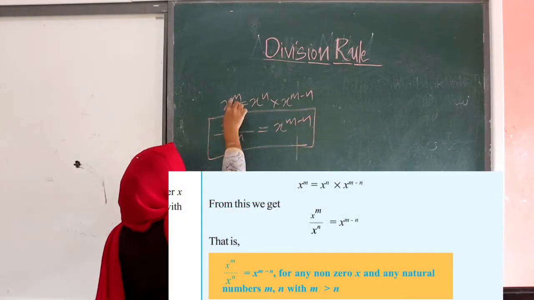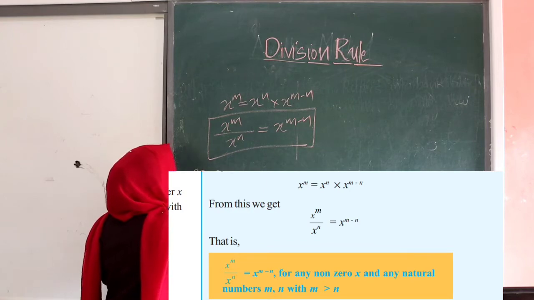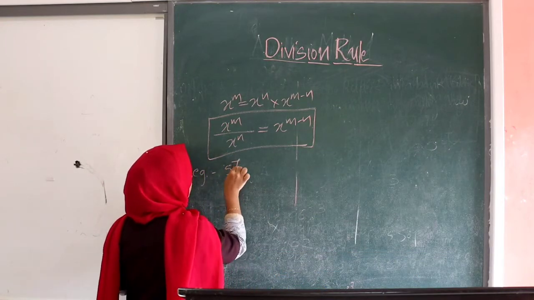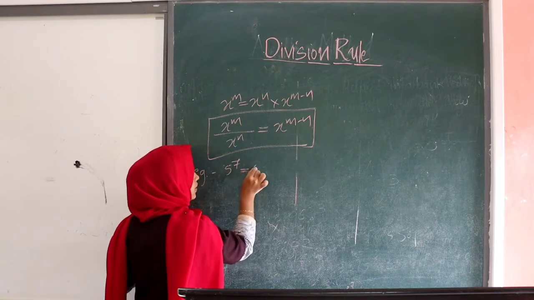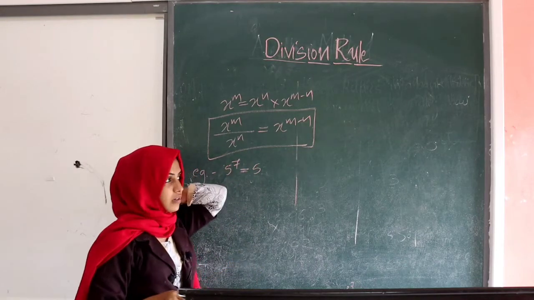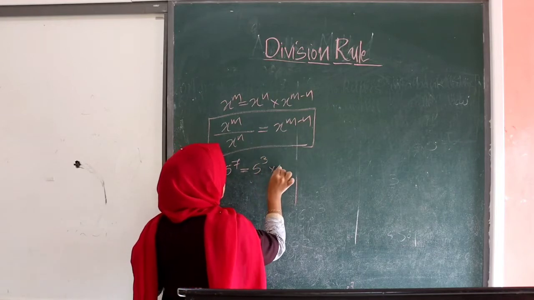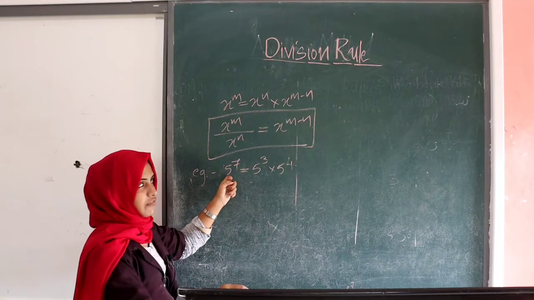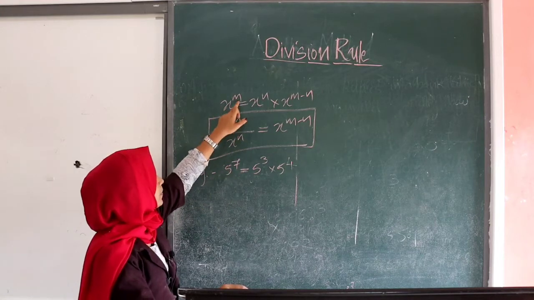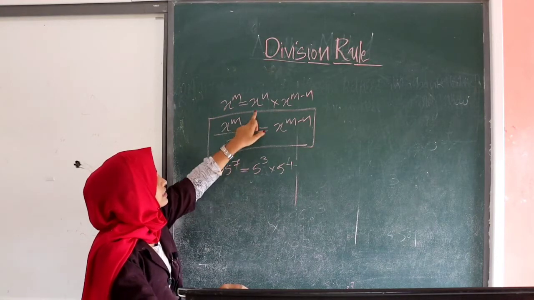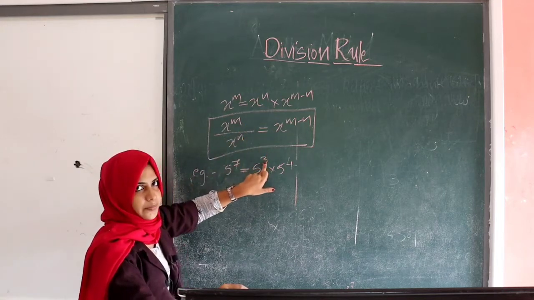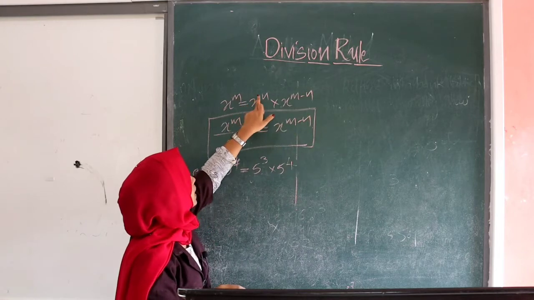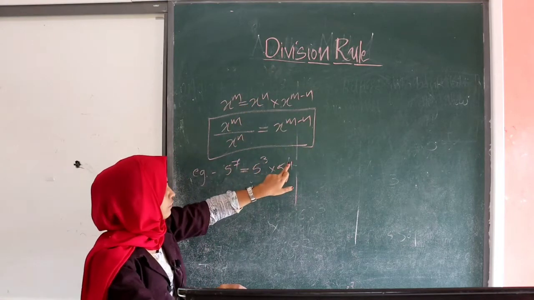For example, we already discussed 5 raised to 7, which we can write as 5 raised to 3 into 5 raised to 4. Here 5 is x and m is 7, n is 3, and m minus n is 7 minus 3, which is 4.